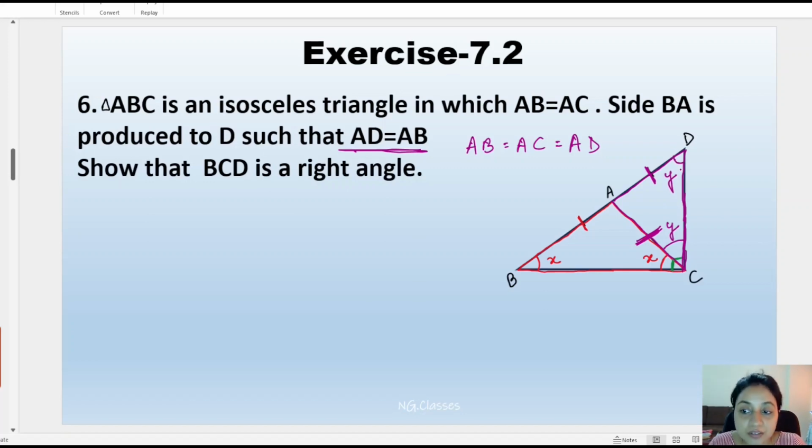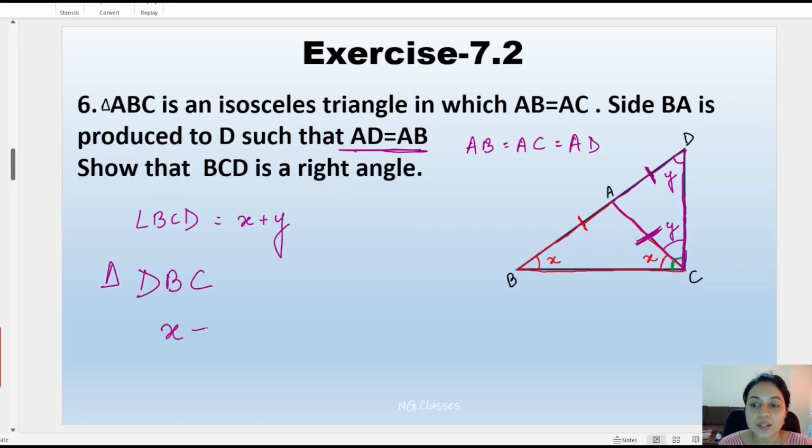Now, from the figure, we can see that angle BCD is equal to X plus Y. And if we focus on triangle DBC, then we can say X plus Y plus X plus Y is equal to 180 degrees.